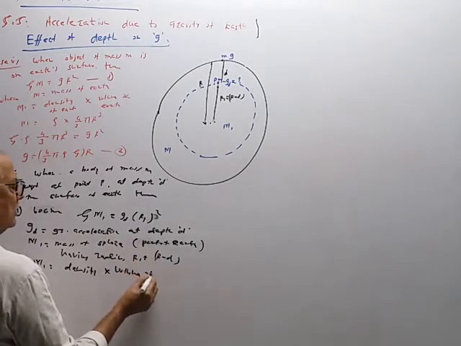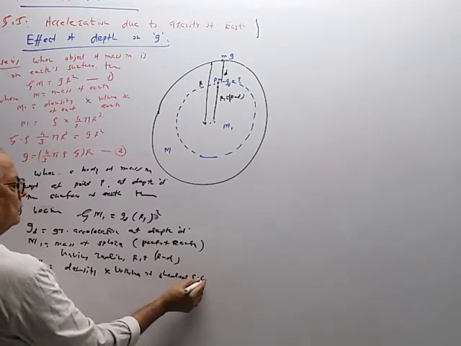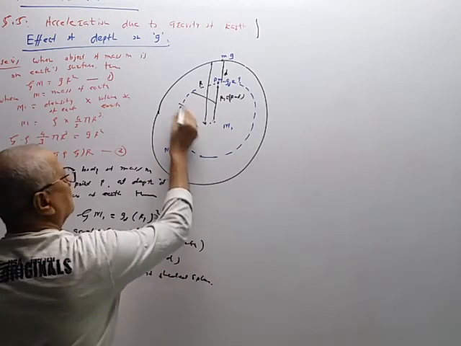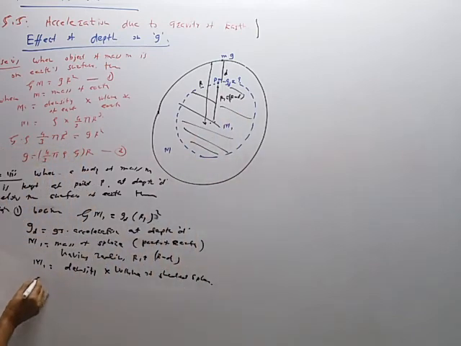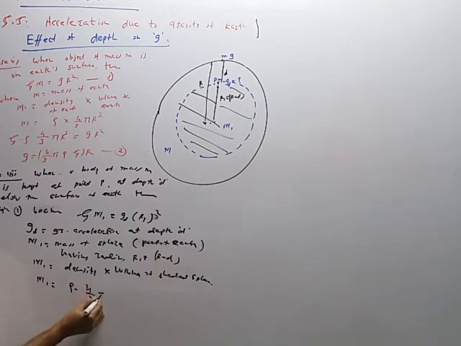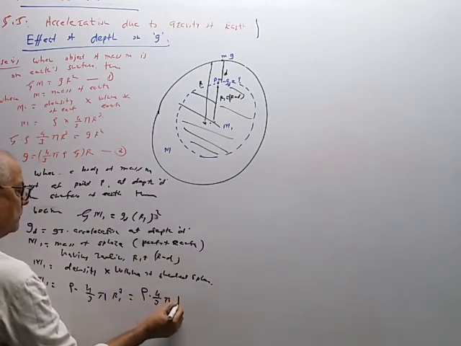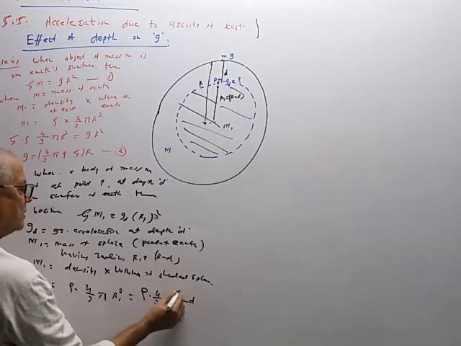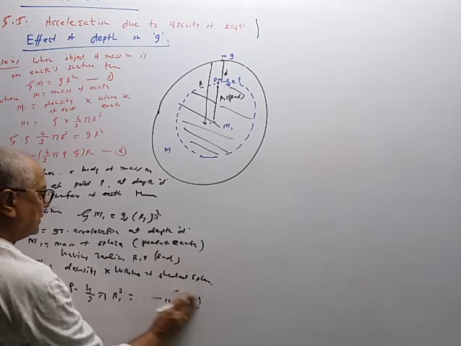Volume of the shaded sphere. Here अपन shading करतो like this, and therefore m1 is equal to density multiplied by volume 4/3 pi r1 cube. So density rho multiplied by 4/3 pi r minus d whole bracket चा किंवा सध्या आपण फक्त r1 च राहू.